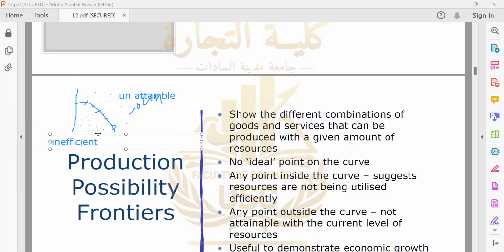And the last points we have are the efficient points. For efficient points, there is no ideal point, there is no best point, but all the points on the curve show us efficient combinations of goods X and Y.